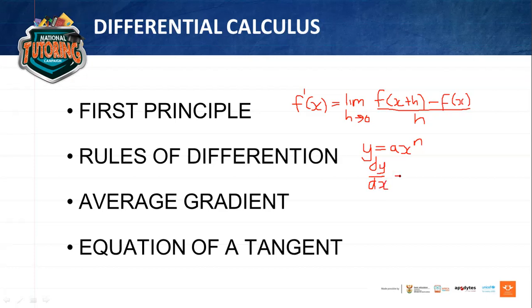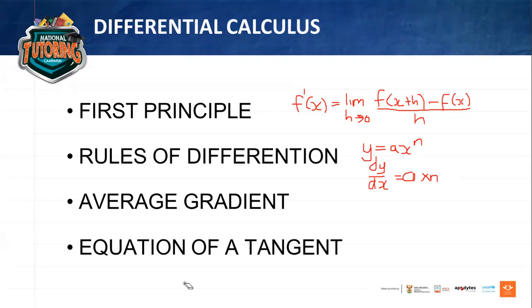Your dy dx is going to be your a, which will be multiplied by your n. The exponent comes down, it becomes a multiplied by n, all right?